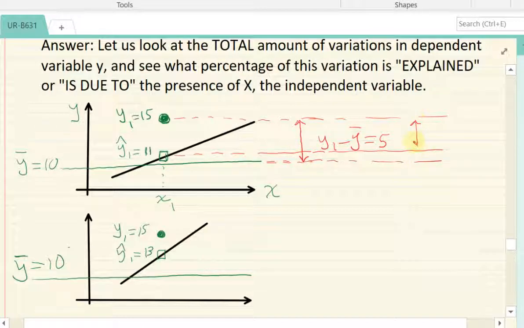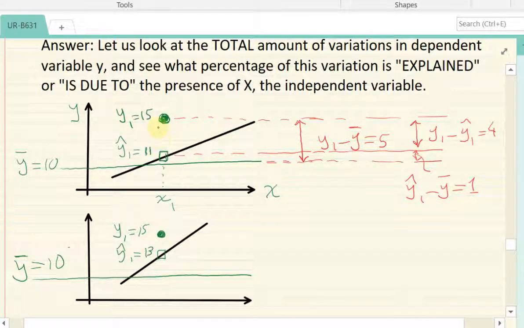This distance, 15 minus 11, is y1 minus y hat 1, and that's 4 units. And this other part is y hat 1 minus y bar, and that's only 1 unit. So if I add 1 and 4, I get 5, the total deviation of the observed value from the mean of the dependent variable y.